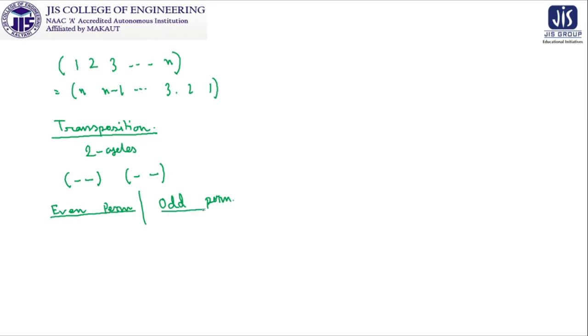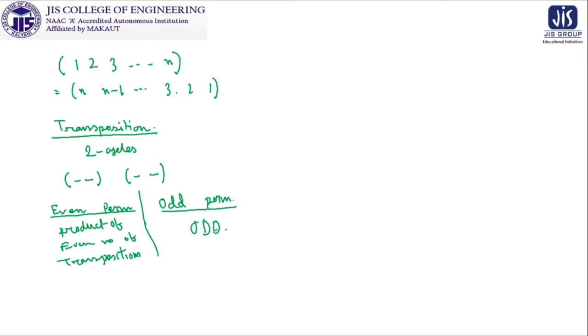Even permutations and odd permutations are those where, if the permutation can be expressed as the product or composition of an even number of transpositions, then it is called even permutation, otherwise odd.